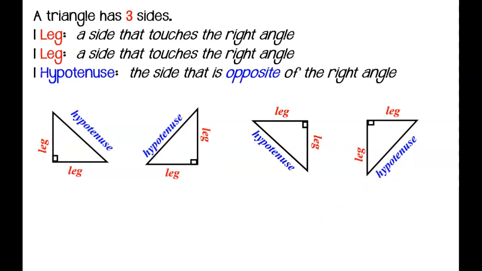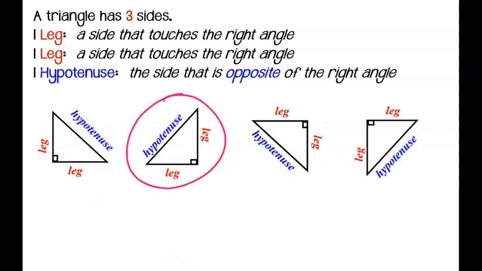All right, a triangle can be rotated in many different ways, but it will always have two sides that are legs and one side that is a hypotenuse. And the good news is that the legs are interchangeable, right? It doesn't matter which one I call leg 1 and which one I call leg 2, because they're both legs.